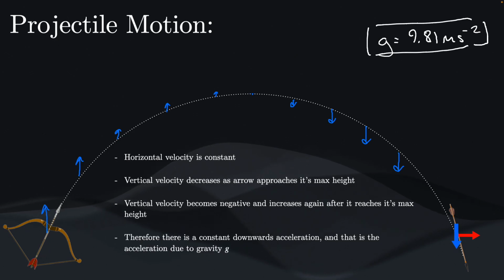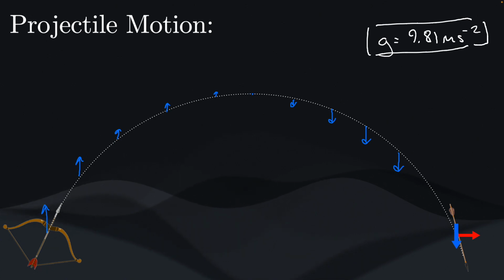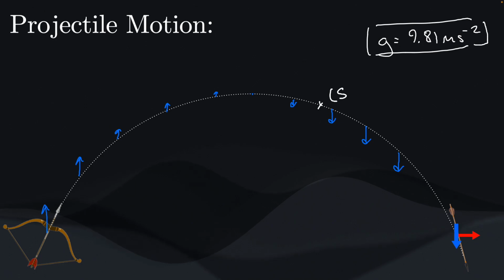Very important to know. Now, really quickly, if we want to find, at a certain period of time, both the horizontal displacement and the vertical displacement, so let's say we want to find S of H and S of V, its exact coordinate position.